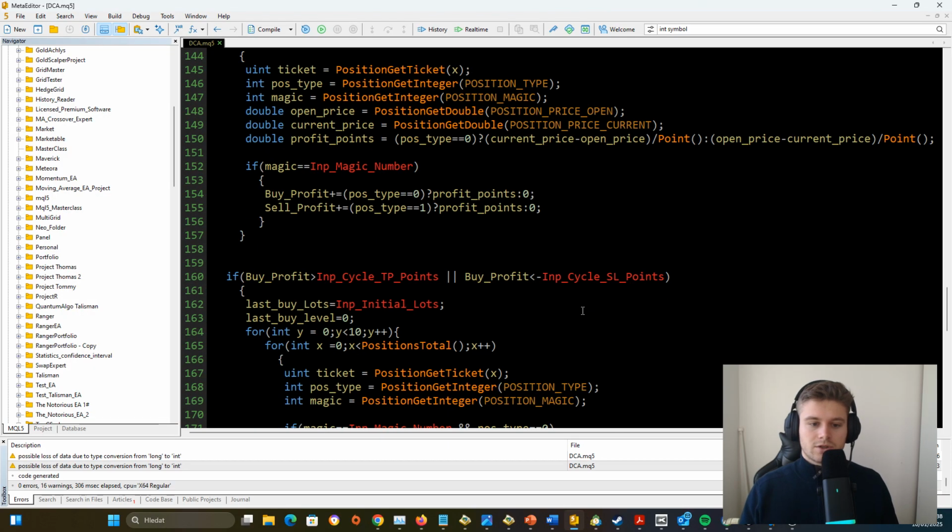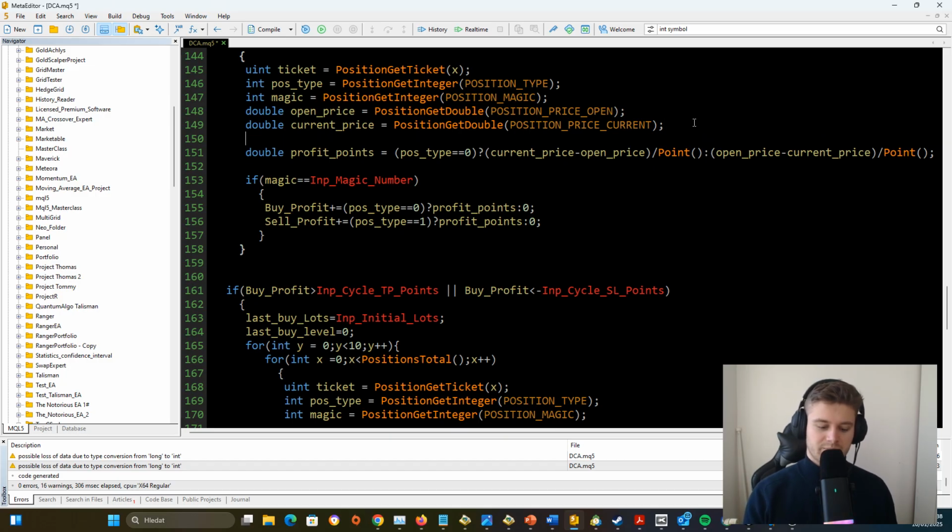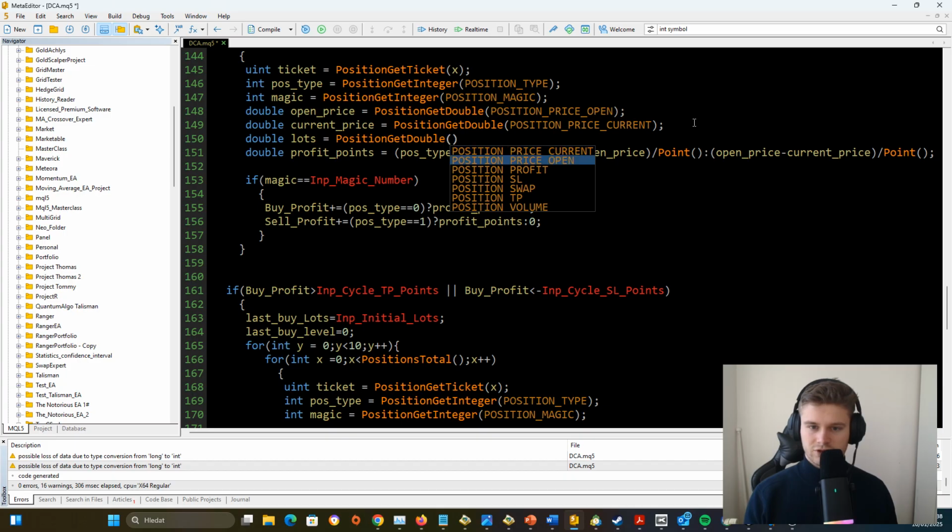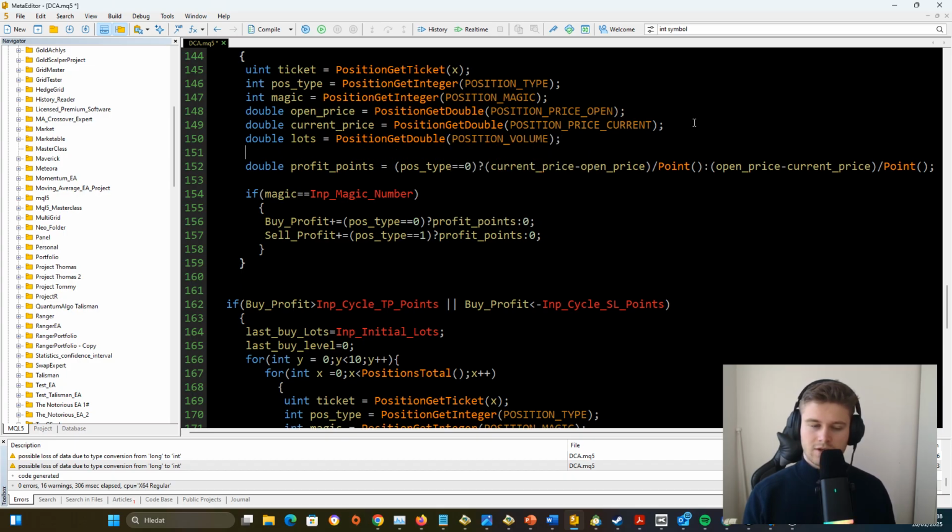So let's do it. The good thing is that the fix is very simple. We just have to get the lot sizing for that specific position, which is done like this. So PositionGetDouble position volume, and then we have to calculate this.